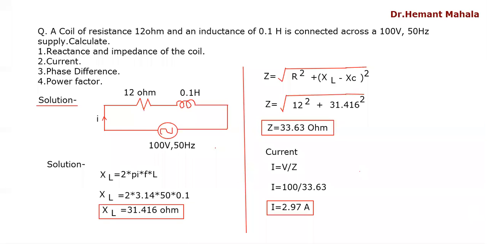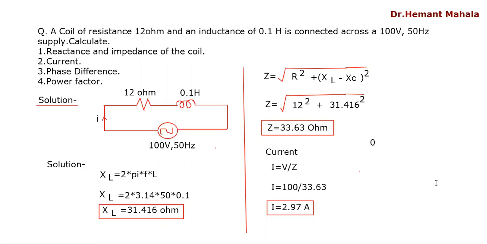Now, phase difference, we know a formula tan phi is equal to X by R from power triangle.